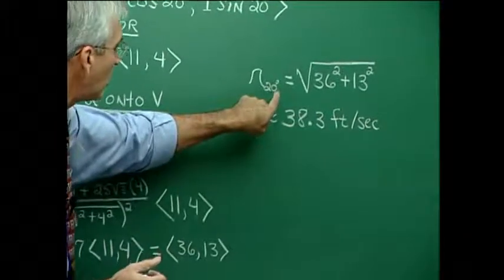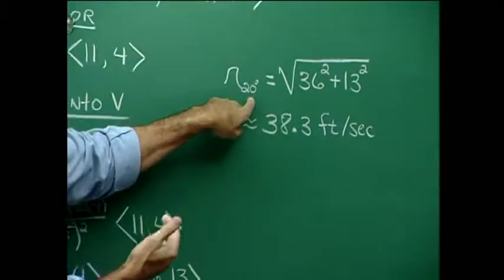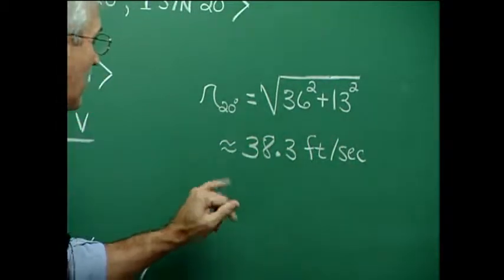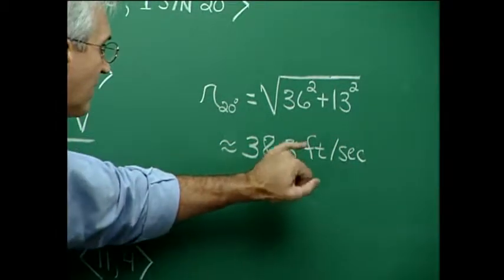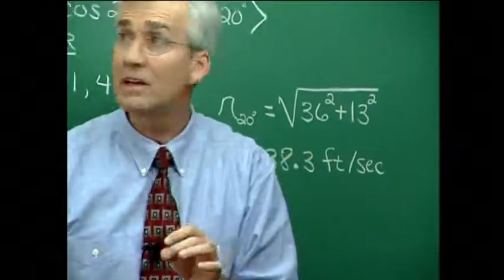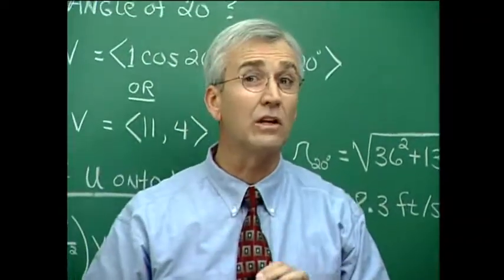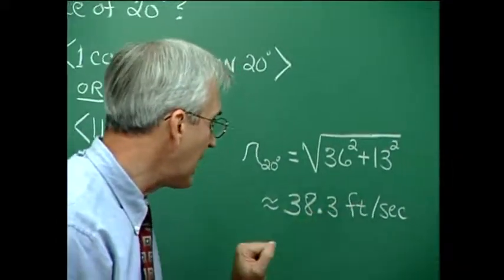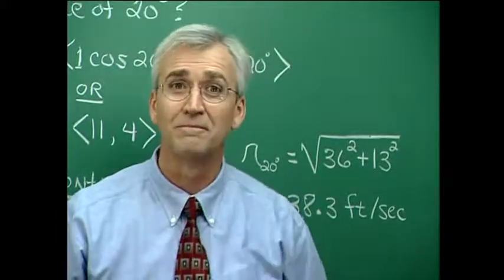The magnitude along that 20-degree angle for this vector is the square root of 36 squared plus 13 squared, which turns out to be approximately 38.3 feet per second. So that object that is initially projected at 50 feet per second on an angle of 60 degrees is traveling at 38.3 feet per second on an angle of 20 degrees.